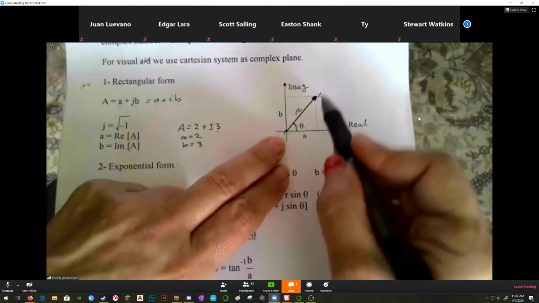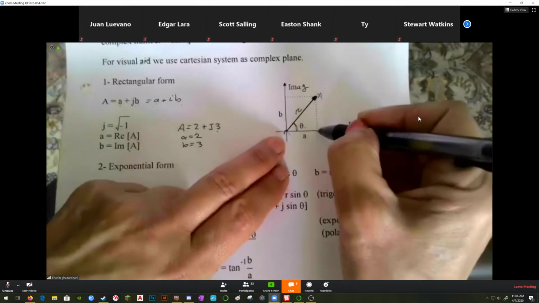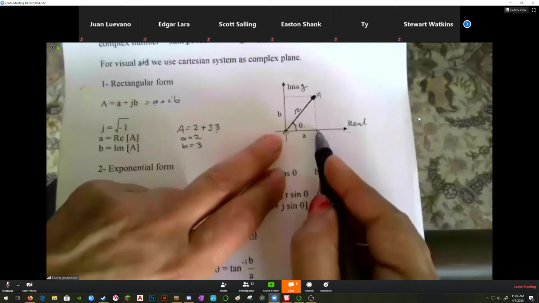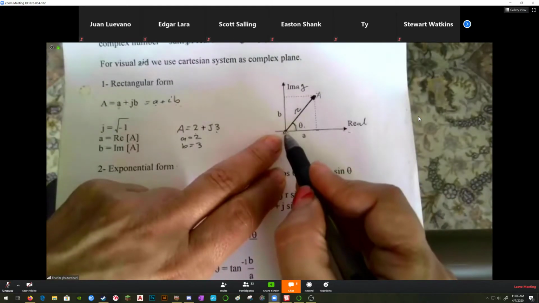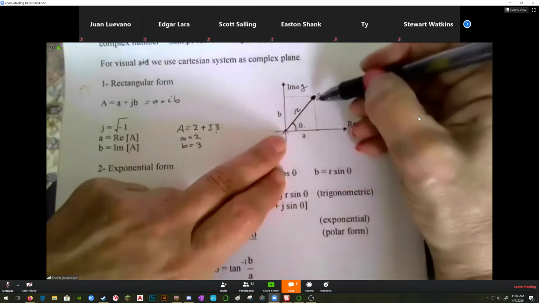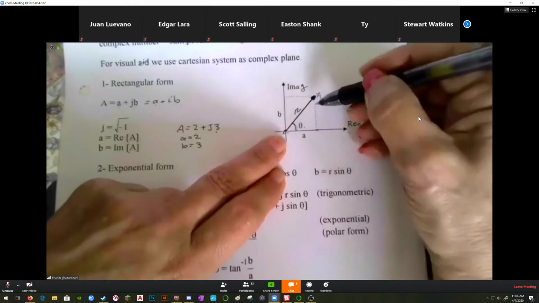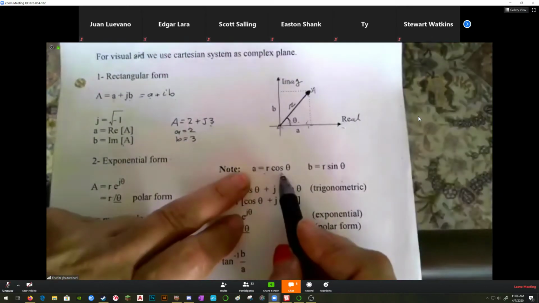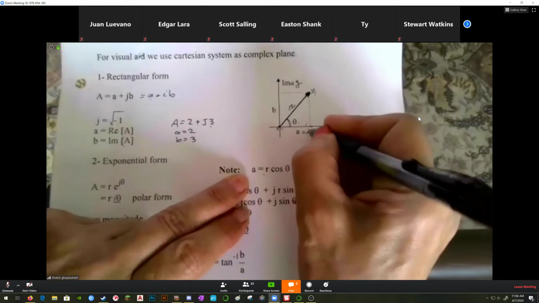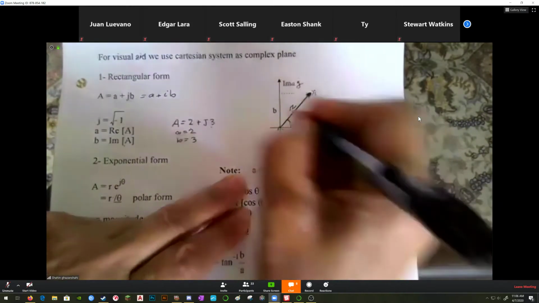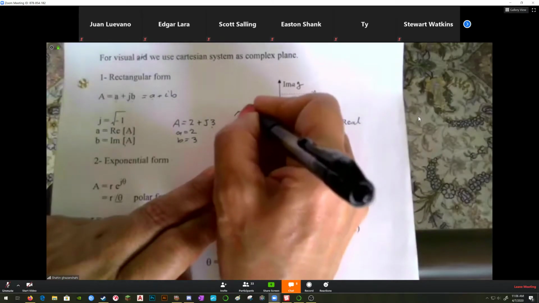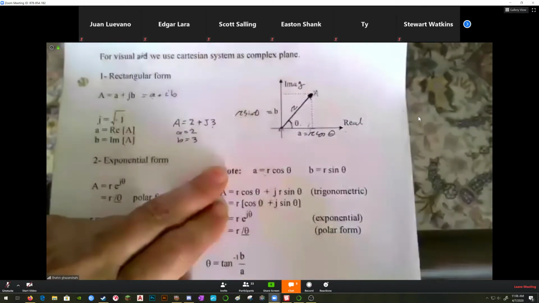Now, look into this triangle. In the math, your A is equal to what? R cosine of theta. Your B is R sine of theta. Is that correct? A is R cosine of theta, B is R sine of theta.